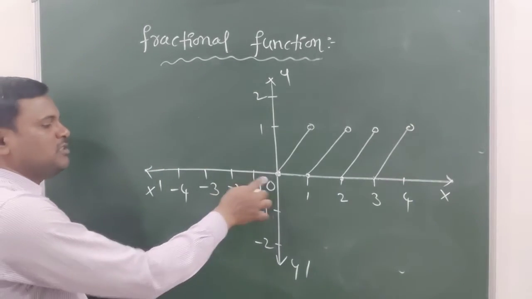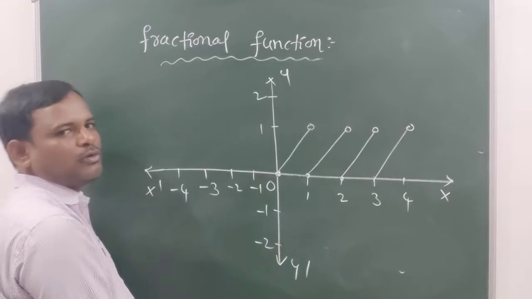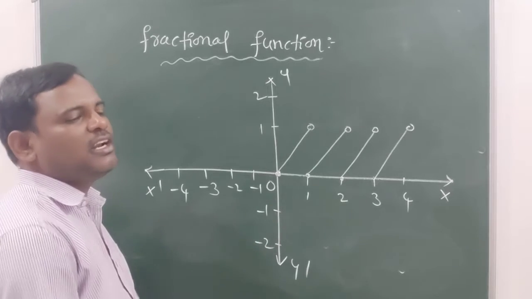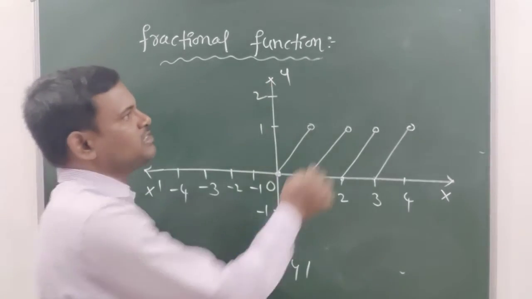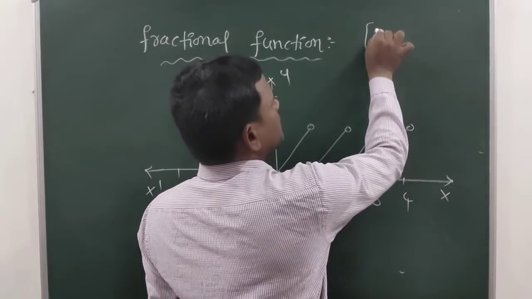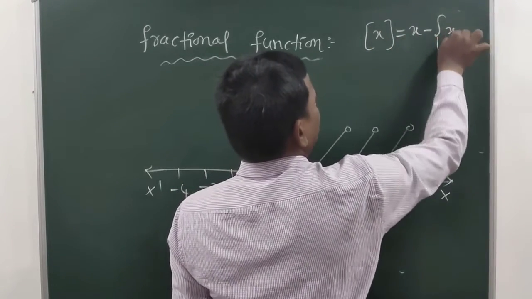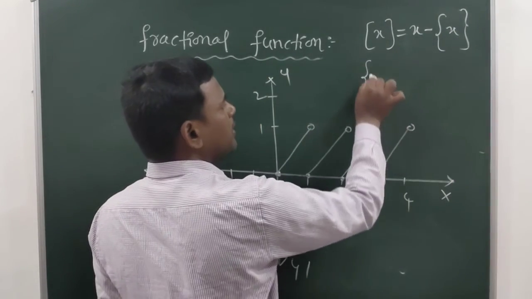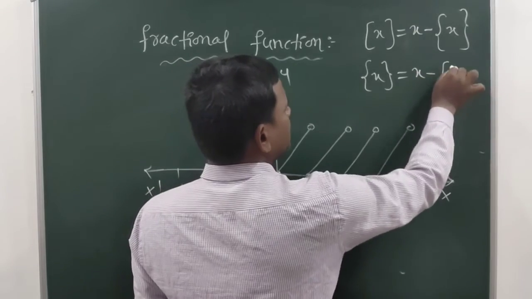Okay, from minus 1 to 0. When you come to the negative part, don't get any confusion. See, actually the relation between this fractional function and the greatest integer function is: greatest integer of x is equal to x minus fractional part of x. And make fractional part of x the subject. So what do you get? x minus greatest integer of x.